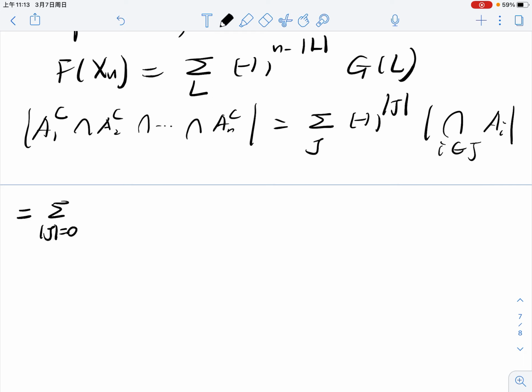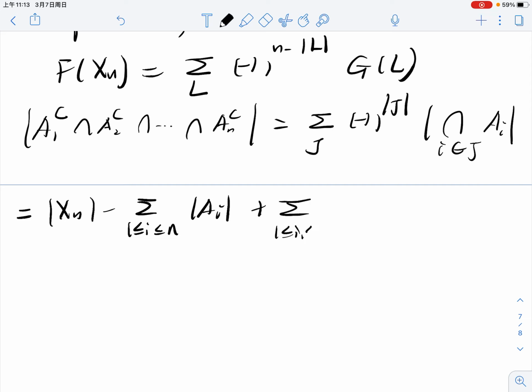Coordinate is 0, -1, 0, and okay, I would rather write down the result. It's x_m minus summation, the one sum, one intersection plus two intersections. And the last one is (-1) to the nth power.